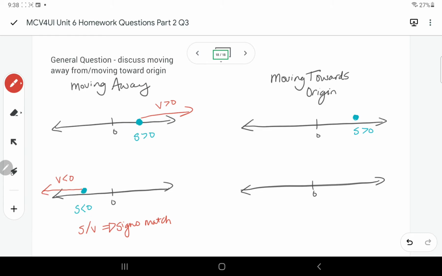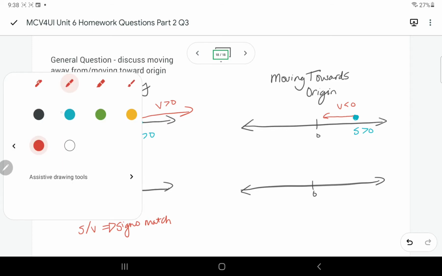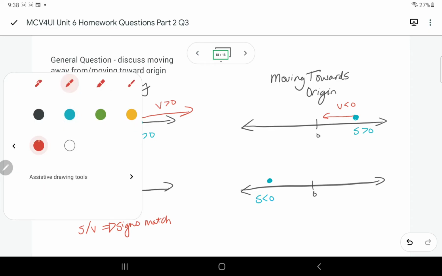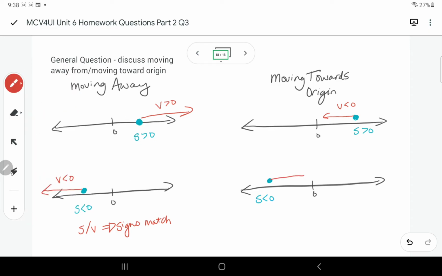If you want that object to move towards the origin, it has to have a negative velocity. And the opposite situation is true. If it's got a negative position, so S is less than 0, then it would have to have a positive velocity. It would have to move in the positive direction to get towards the origin.